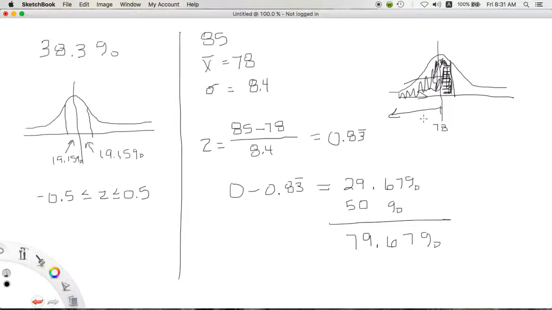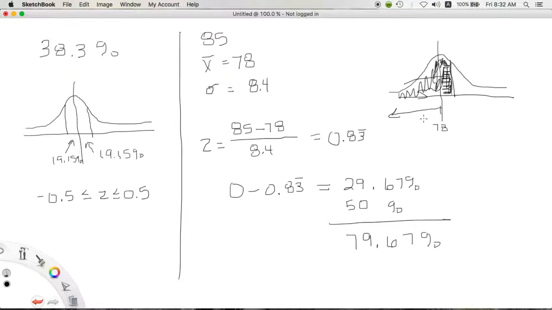So, normal distribution. The biggest things that you need to know about normal distribution are the shape, the percentages of what's where, and you need to understand the z-score. The z-score is how many standard deviations it is away from the mean, from the average. So it gives you a position on the scale of the normal distribution.